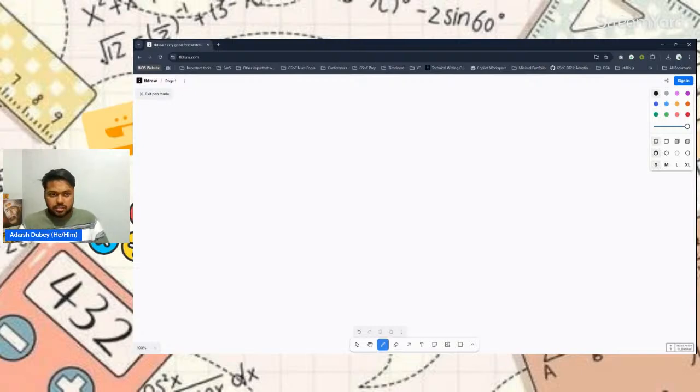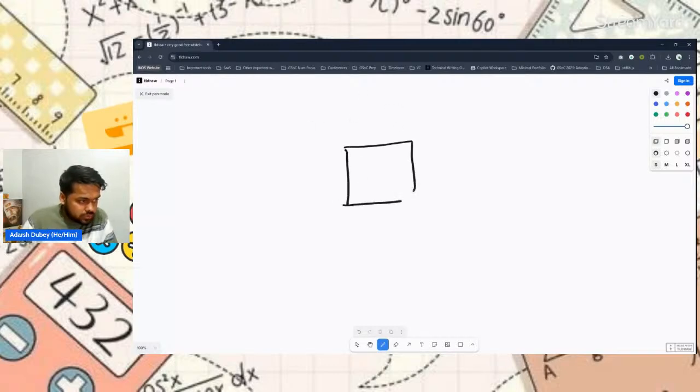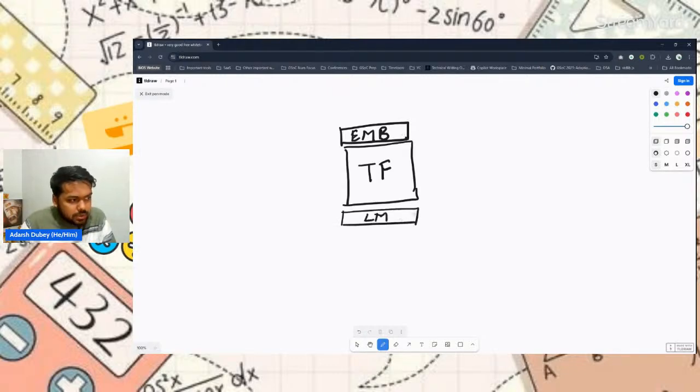And now, what are word embeddings? So I'll quickly tell you the architecture of a generational model, not the exact one, but an overview. There is this thing which we are going to explore called the transformer block. On top of that, there is this thing called embeddings, and then there is this thing called the LM head.